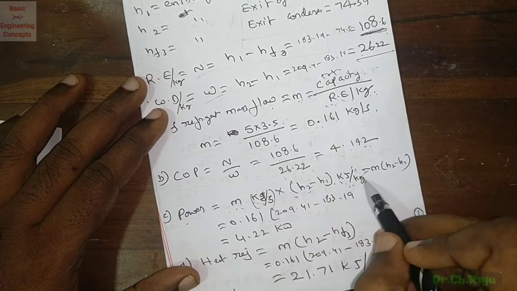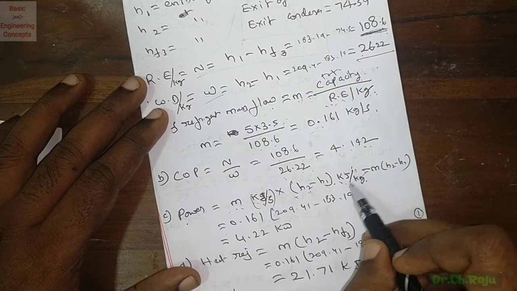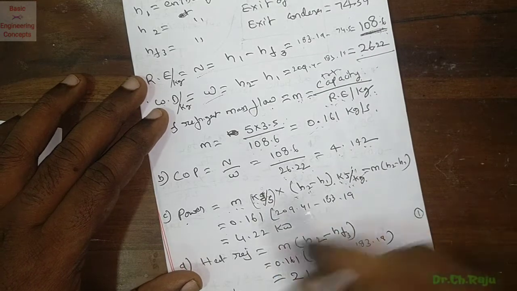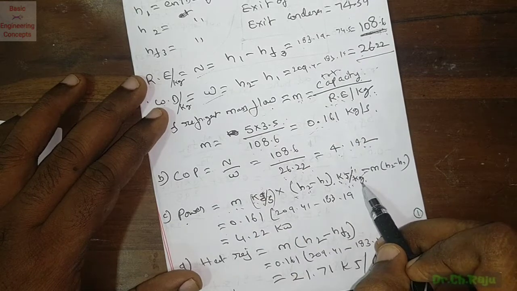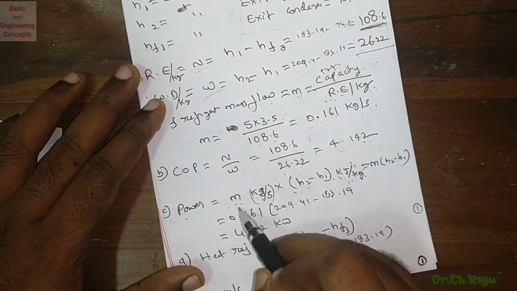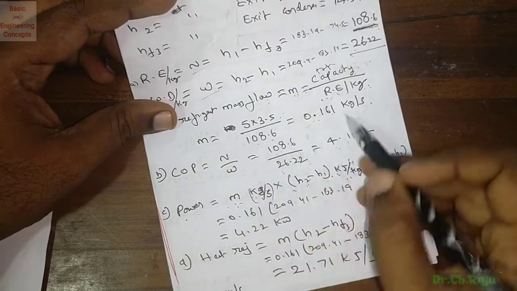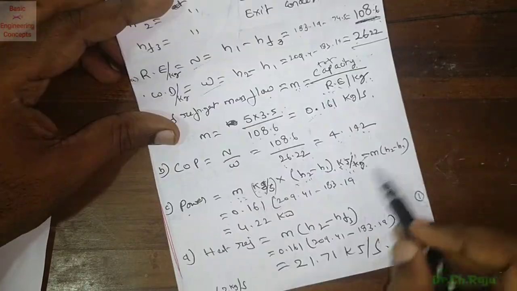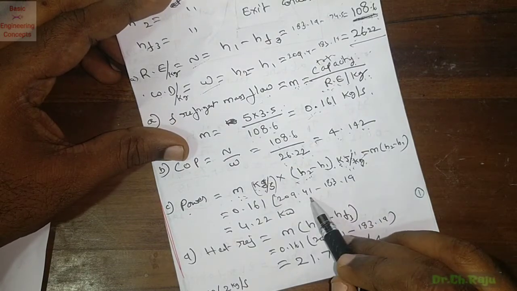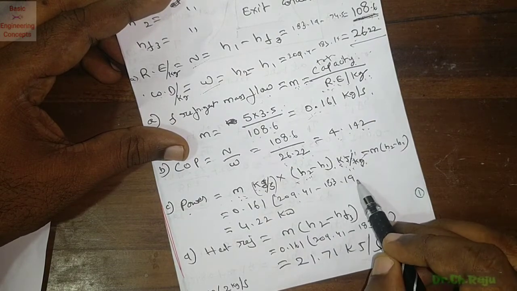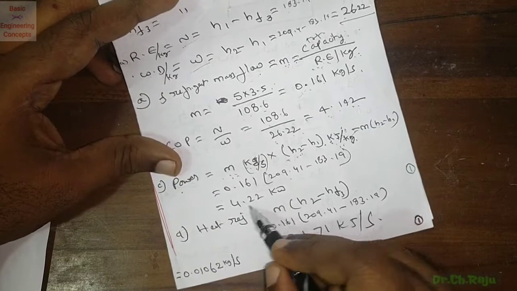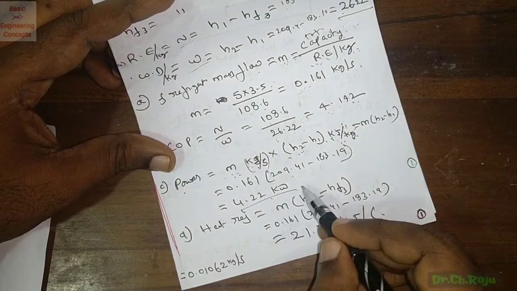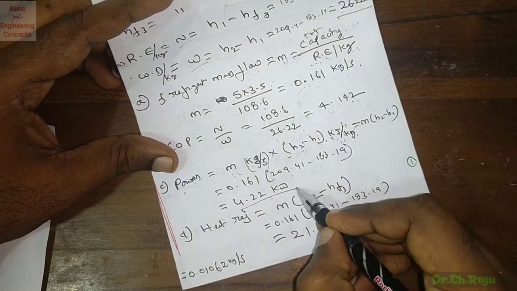The kg per kg cancels, leaving kilojoules per second, that is kilowatt. So 0.161 into (209.41 minus 183.19) is equal to 4.2 kilowatts. This is the power required to drive the compressor.